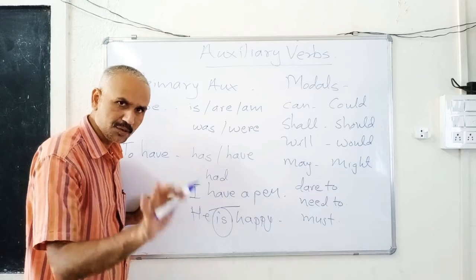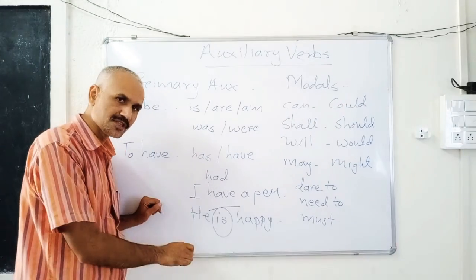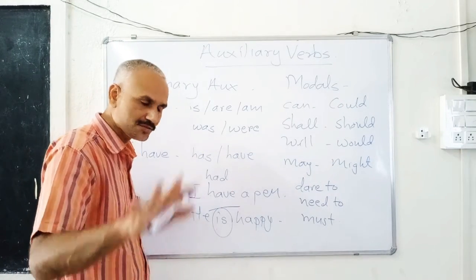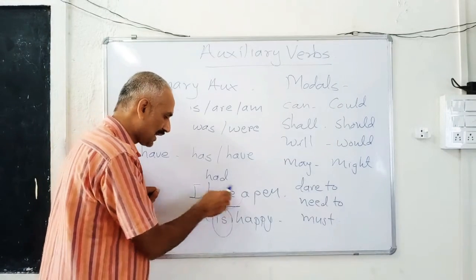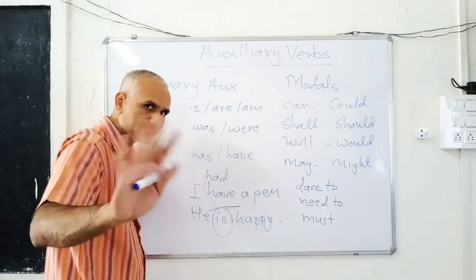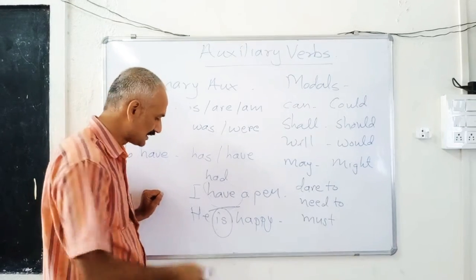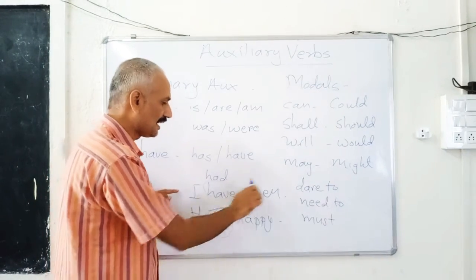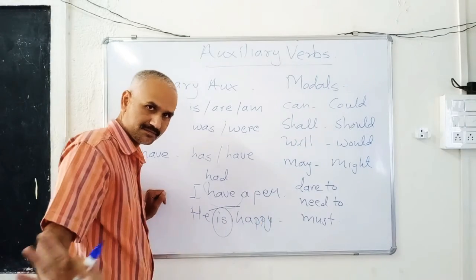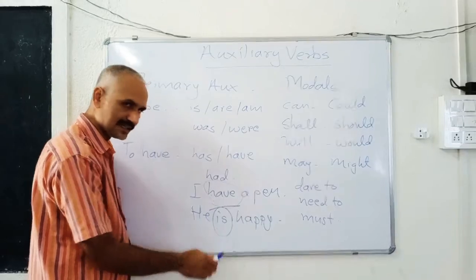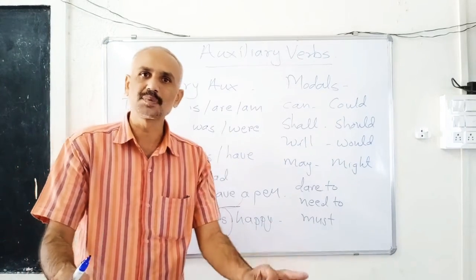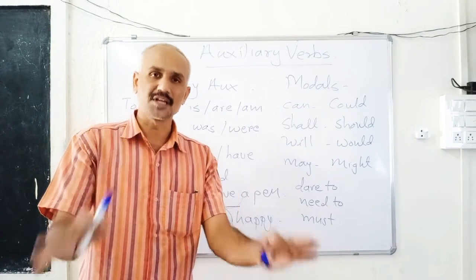These are simple present tenses, and especially it happens only in simple present tenses, not in other tenses. Though I used have or is, it didn't specify the tense. It is simple present tense. I have a pen. He is having. So this have and is is not an auxiliary verb here. It is a main verb.